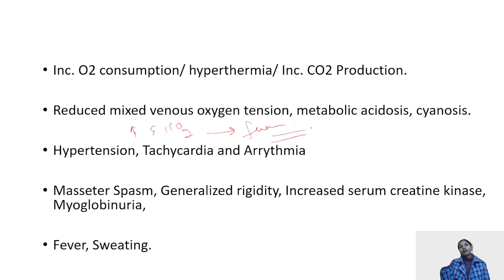That is the masseter spasm. This muscle has a spasm when there is malignant hyperthermia. We can have myoglobinuria, increased serum creatine kinase, and a generalized rigidity of the patient is observed. We can have fever, we can have sweating.